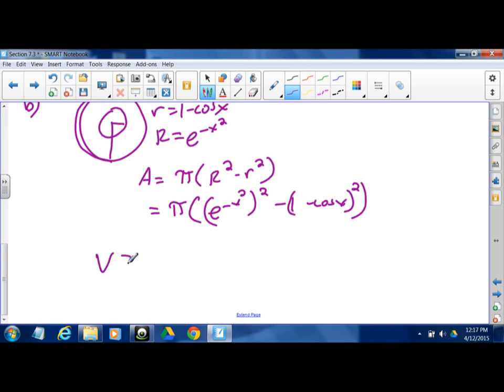So that's the hard part, and the easy part is the volume: pi, integral, my bounds. I sliced vertically, so I use x. Luckily for us, we already figured out the intersection point. And then I put this whole thing in there.